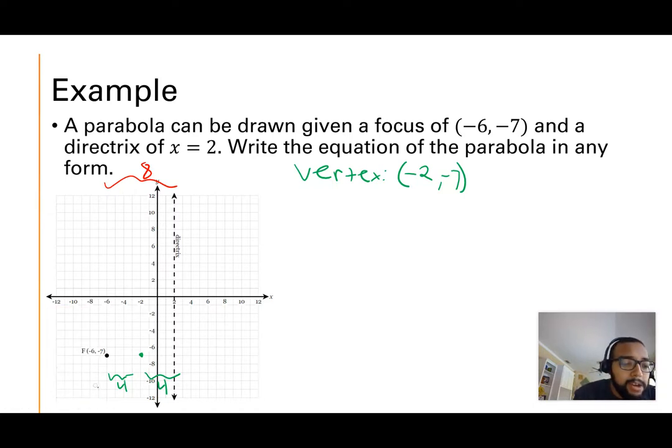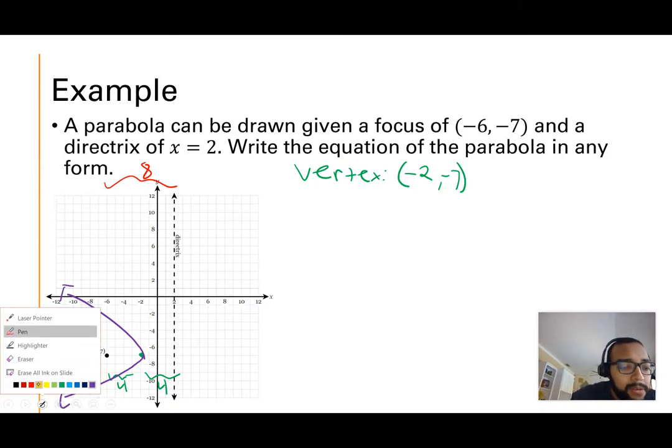So if it helps, you can go ahead and draw this parabola now because you need to know if it opens to the left or right. So the parabola will always open in the opposite direction of the directrix, and the focus will always be on the inside of the parabola. Remember, the parabola hugs the focus. So in this case, we got ourselves a parabola opening to the left.